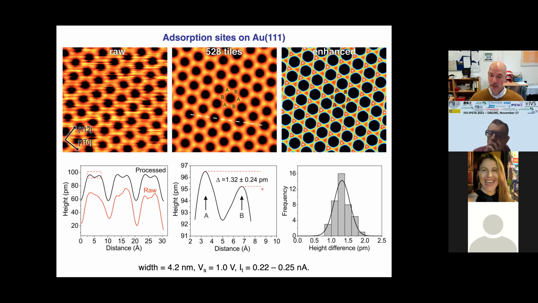The difference in brightness between the A sites and the B sites is of the order of a picometer, and the spread of those measurements is about a quarter of a picometer. So we're now looking at image height differences to a precision of better than a picometer. That means we can look at things that we previously were not able to see.